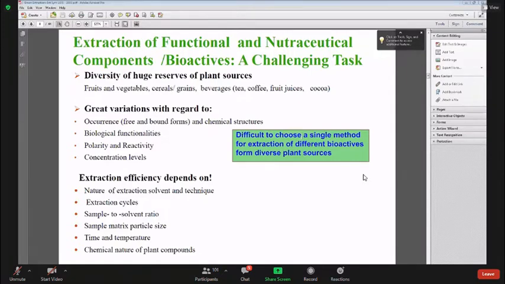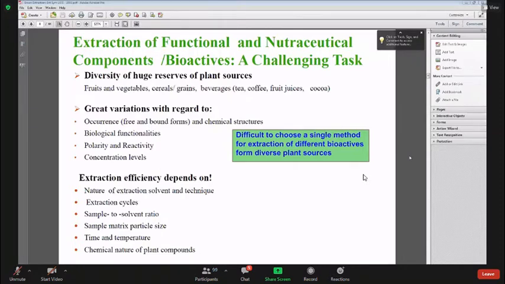These compounds also vary from the viewpoint of their biological functionalities, polarities, reactivities, and concentration levels.